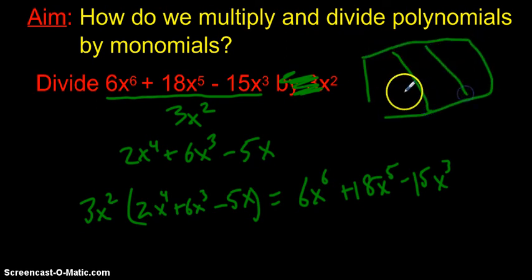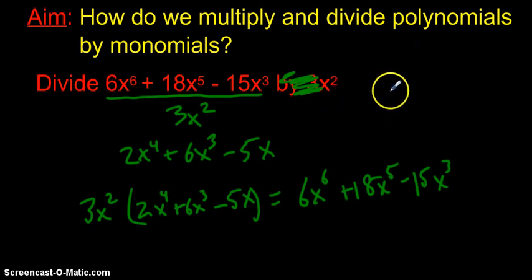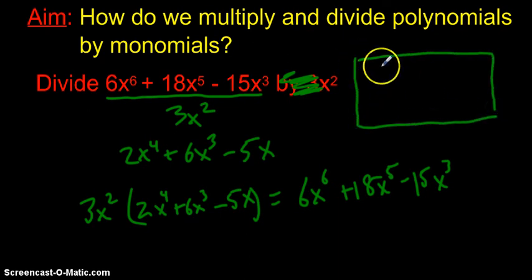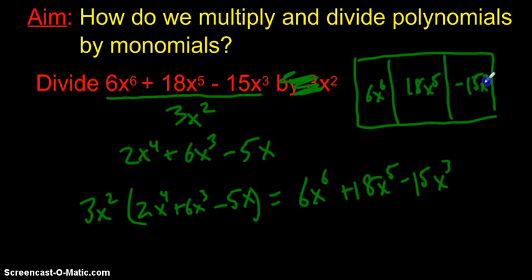I want to draw a good rectangle for you. I really don't want to draw this horrible rectangle. I used to be able to draw. Alright, so this is 6x to the sixth. This is 18x to the fifth. And this is negative 15x to the third.